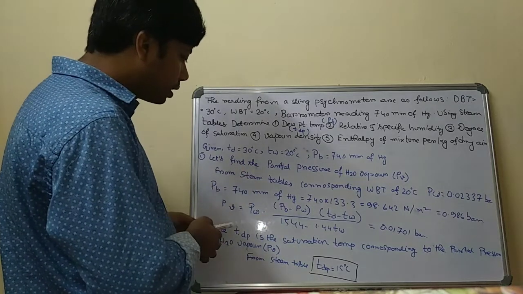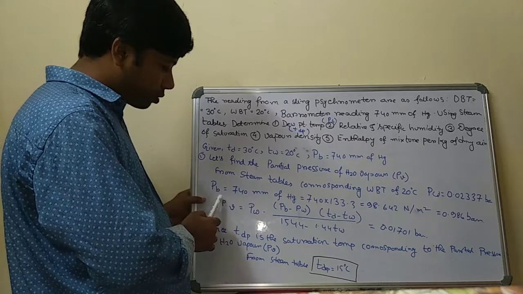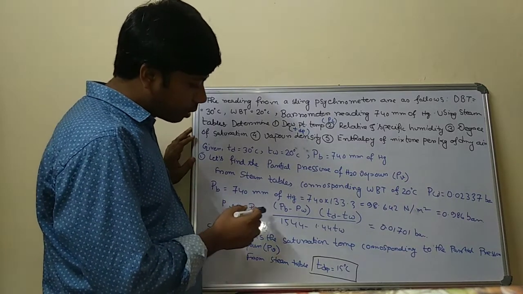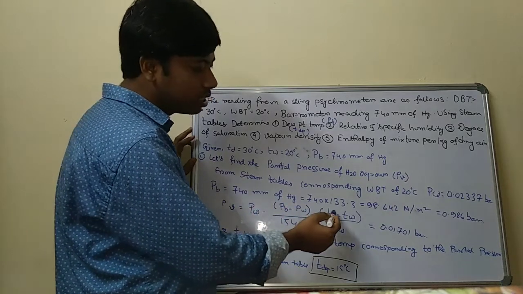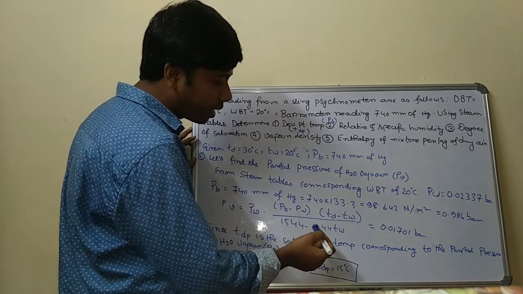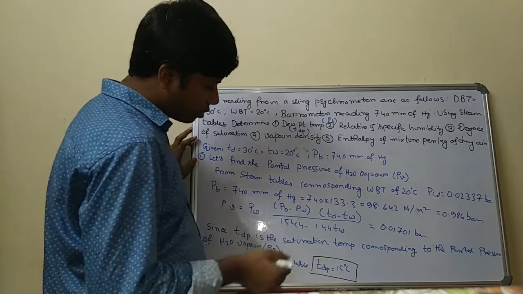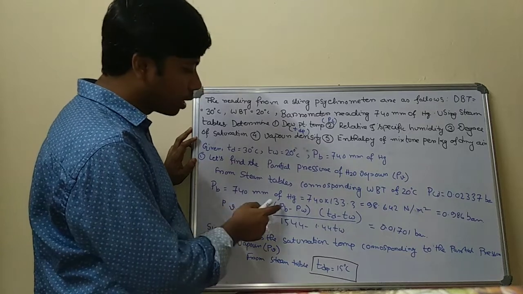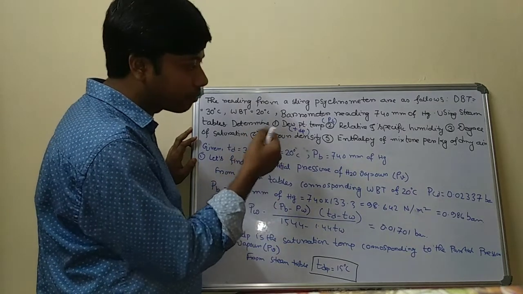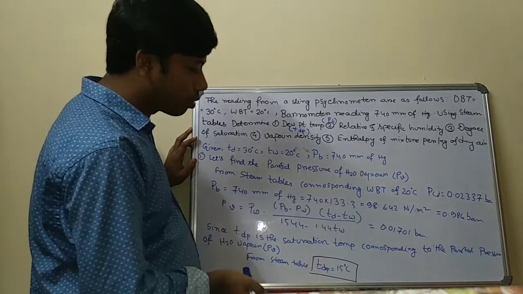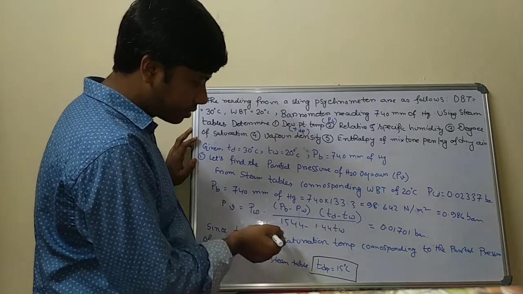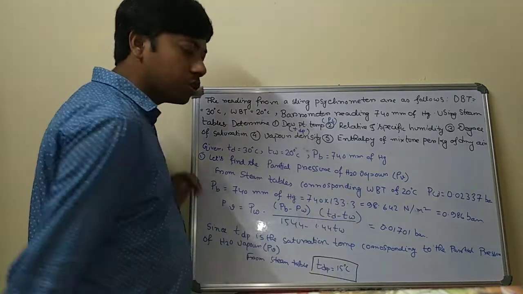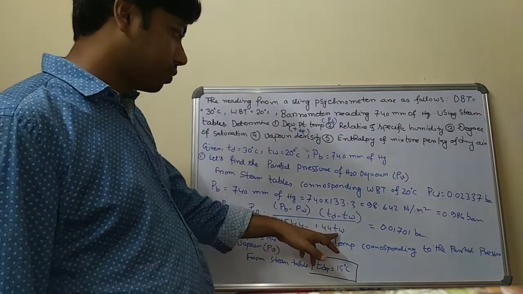As you know, PV is equal to PW minus PB into (TD minus TW) divided by (1544 minus 1.44 TW). PW is the saturation pressure corresponding to the wet bulb temperature, PB indicates the barometer reading, 740 mm of Hg converted into bar, that is 0.986, TD is the dry bulb temperature, and TW is the wet bulb temperature.